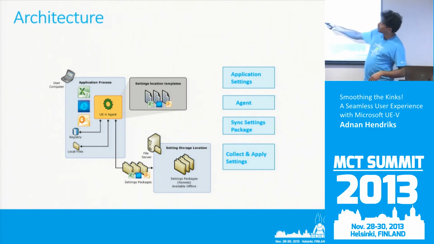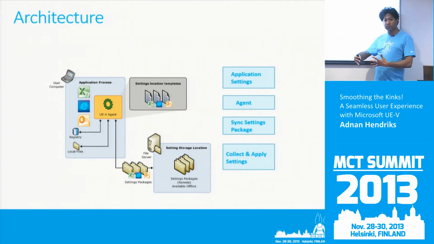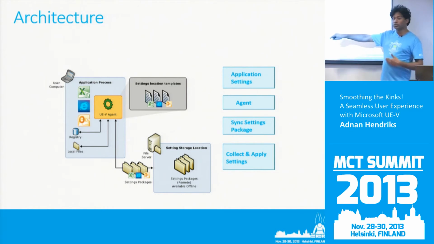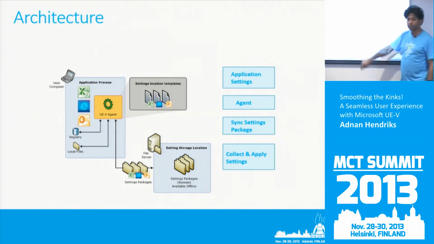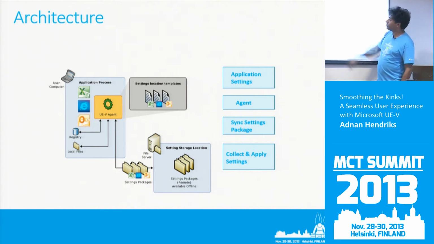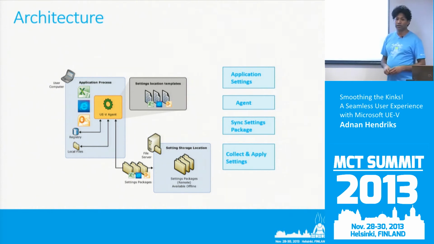And any changes that get made to the application settings, the agent will write that change to the settings package of the application. When the user logs on to another machine or re-accesses the application, opens it up, the agent will provide the information based on that settings package and present that to the user.